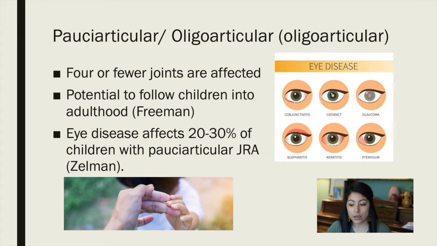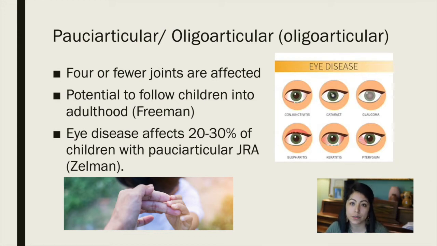Girls under 8 are most likely to develop this type of arthritis. It also has the potential to follow children into adulthood. It is the most common form of JRA, and about 50% of children with JRA have this form of arthritis.